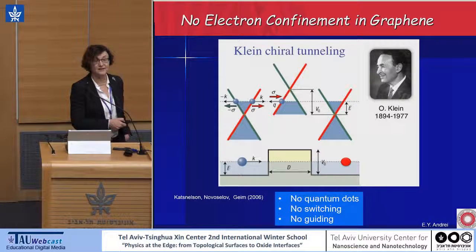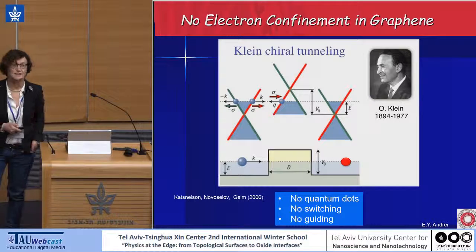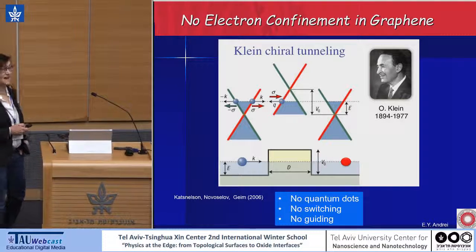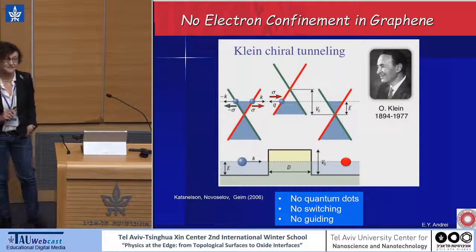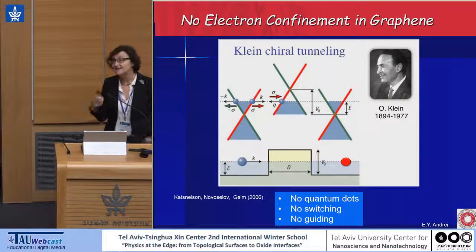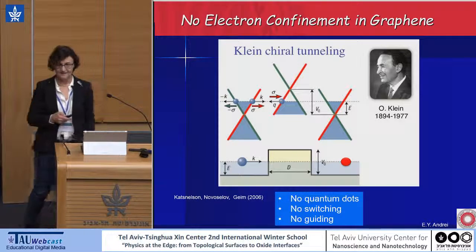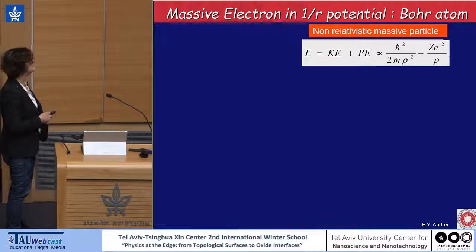There's no switching with electrostatic potentials, and you cannot guide electrons in graphene with electrostatic potential. Now, it turns out that under certain circumstances, if you have a large charge at the vacancy or some other way of creating a charge, you can confine the electrons. And this is the topic of this talk.